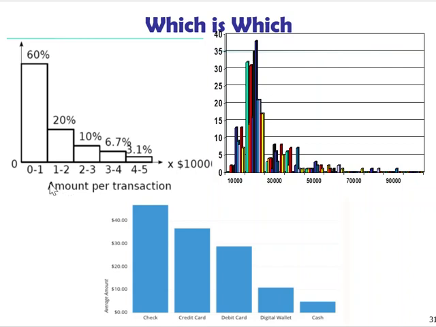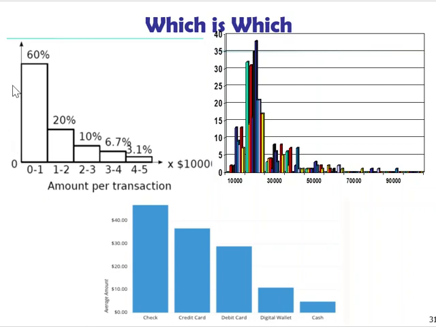And if we plot this as a histogram, the x-axis has the dollar amount ranges. The y-axis depicts the density.